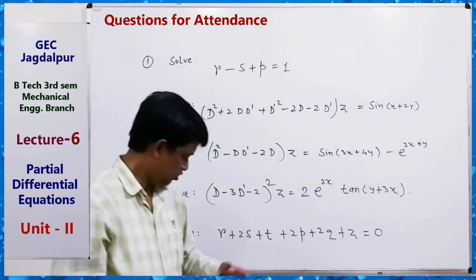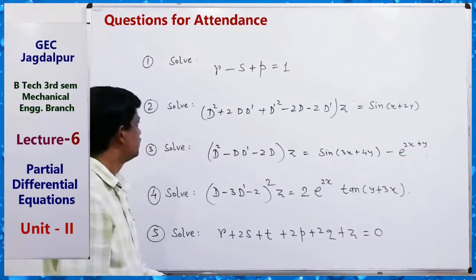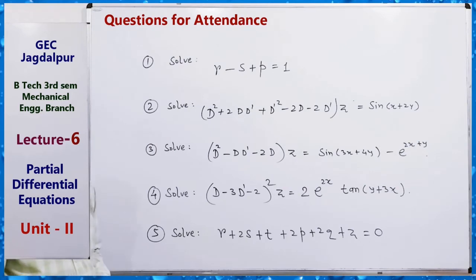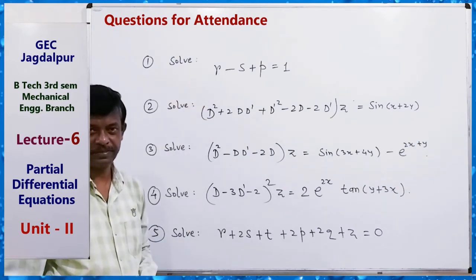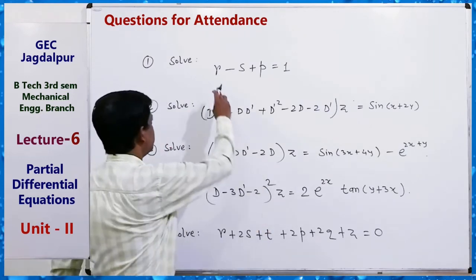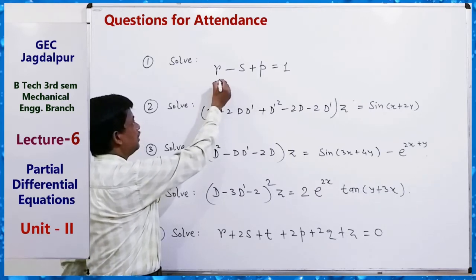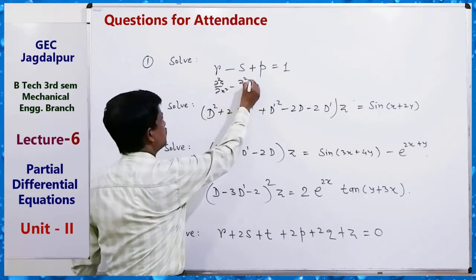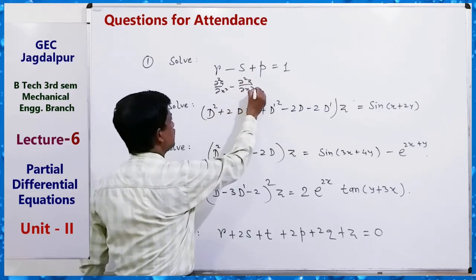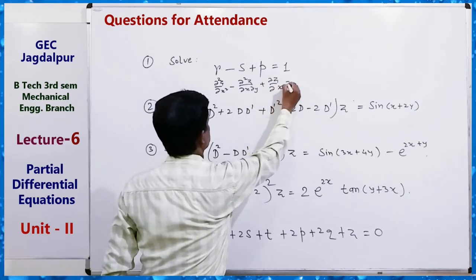Okay, now I will give hints one by one, so see carefully. How can this question be solved? r means what? Del 2 z by del x square minus del 2 z by del x del y plus del z by del x equals 1.